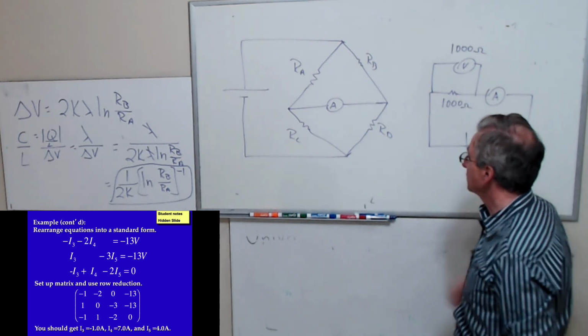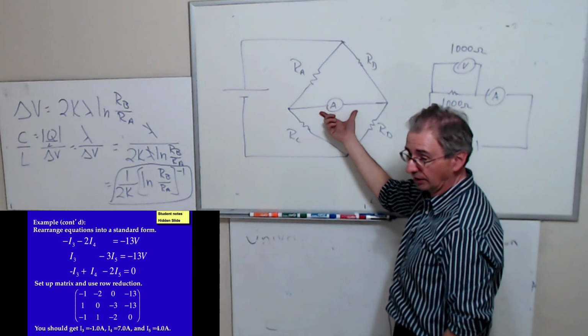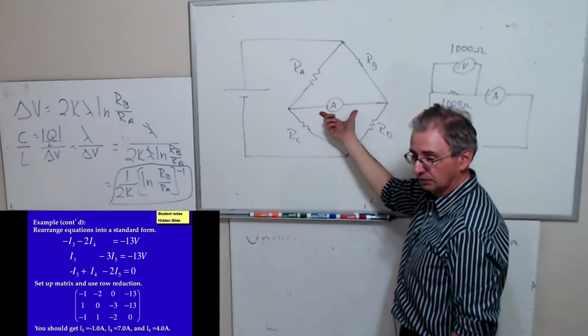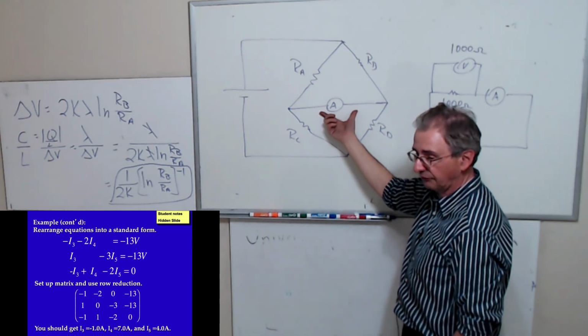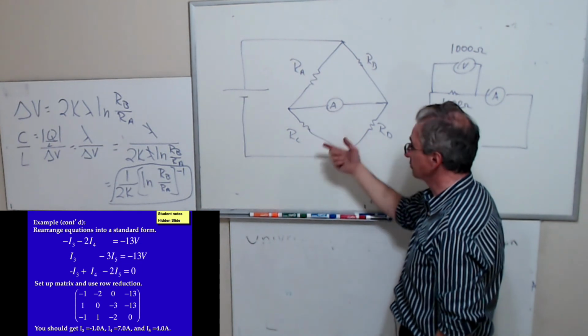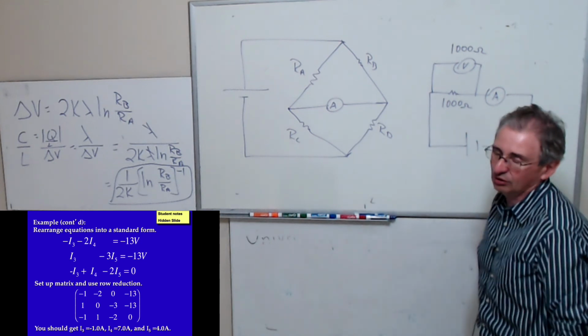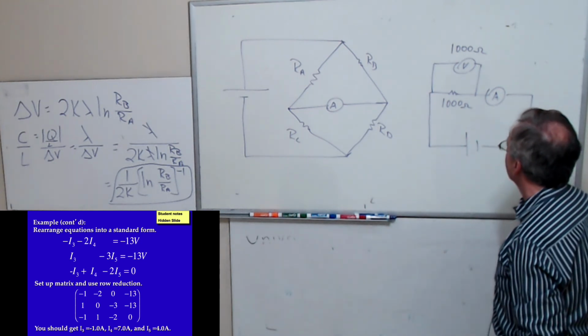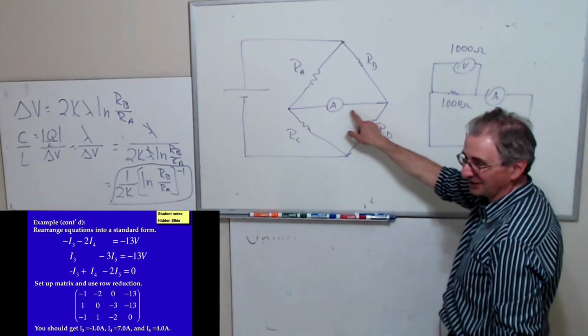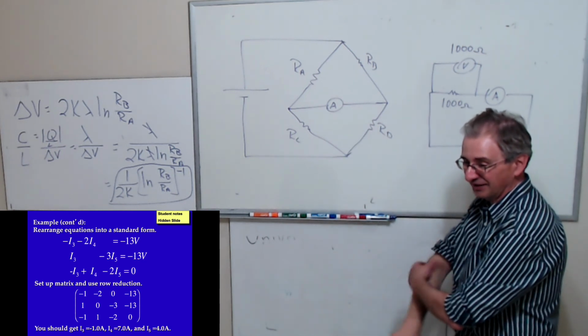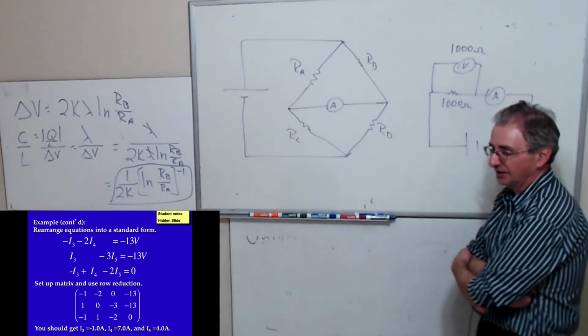So in the old days, you could not use a voltmeter here, but today you can. Because if you put 100 million ohms across these 2 points, it isn't going to affect the circuit. You're not going to notice it. But if you put a 1,000 ohm meter here, you're going to notice it.